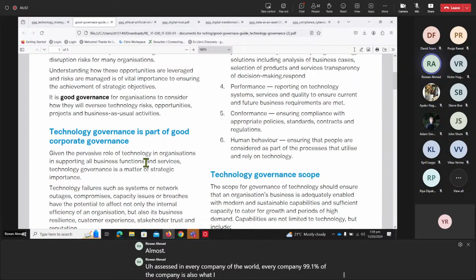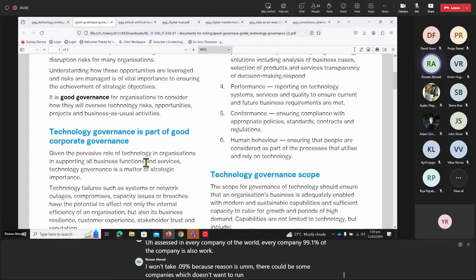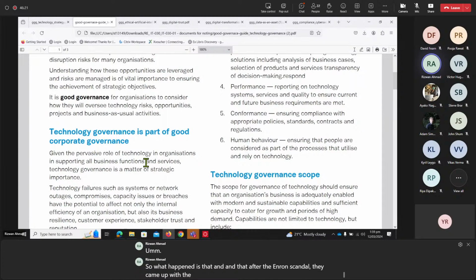I won't say 100%, because there could be some companies which don't want to run like that. So what happened is that after the Enron scandal, they came up with it, although at that time it was called corporate governance.